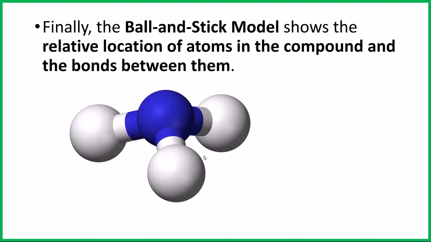So it does help to represent the location of those actual atoms, and we'll discuss how we can tell where they are in a minute. But this is the ball and stick model showing the bonds between those atoms, as well as the individual atoms themselves as the spheres.